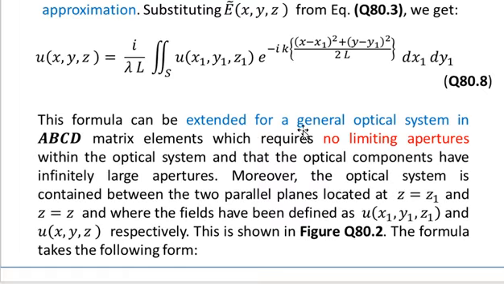So this formula can be extended for a general optical system in the ABCD matrix elements, which requires no limiting apertures within the optical system, and that the optical components have infinitely large apertures.